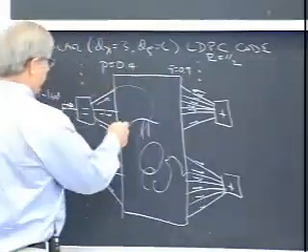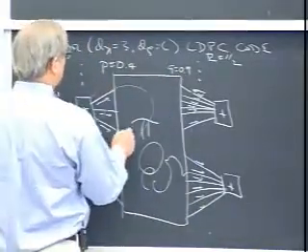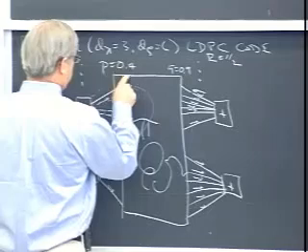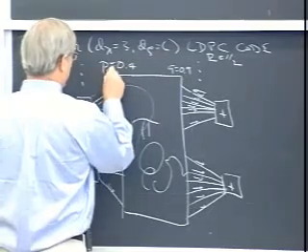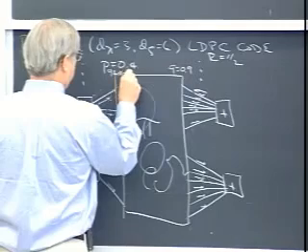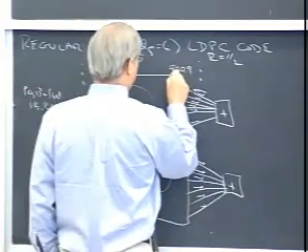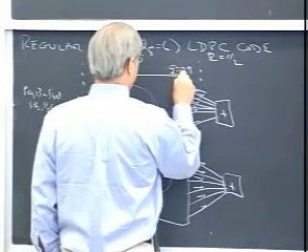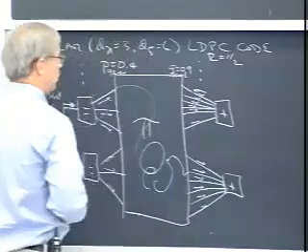And so to understand the performance of this, we simply track, let me call this in general, the erasure probability going from left to right. And this in general we'll call the erasure probability going from right to left.